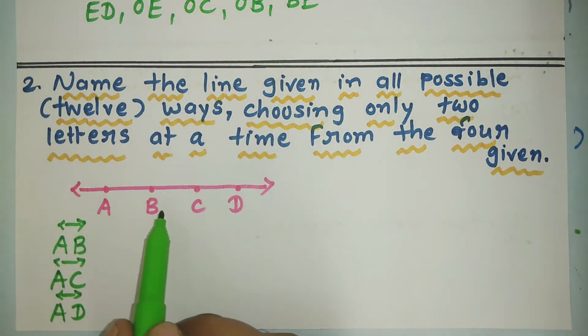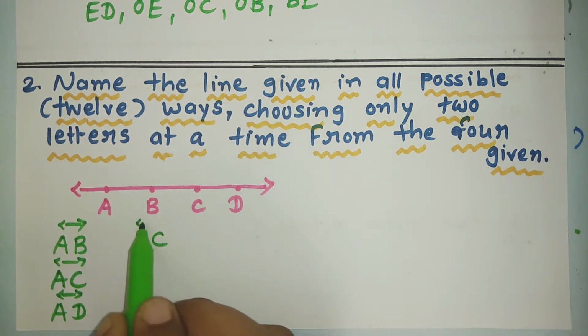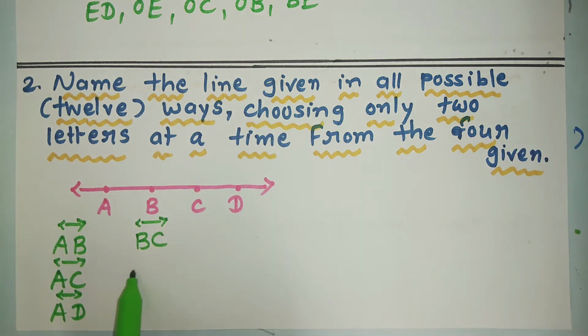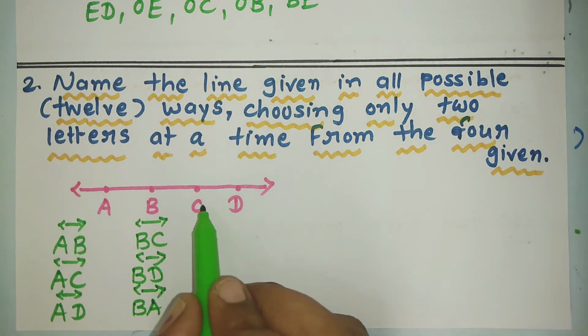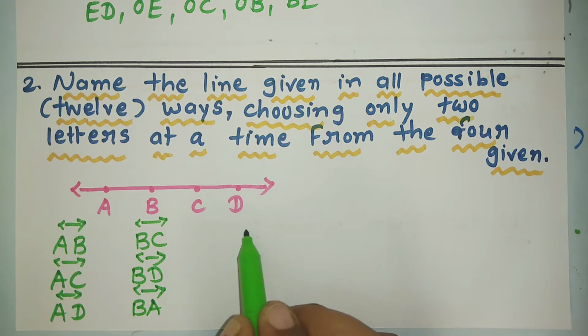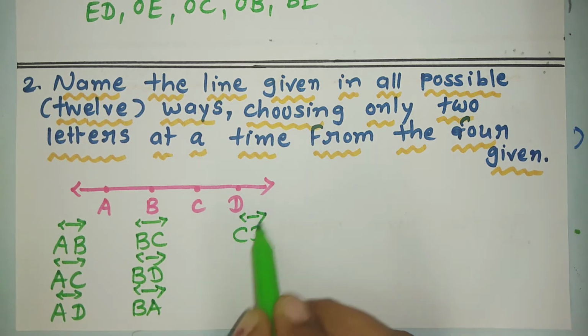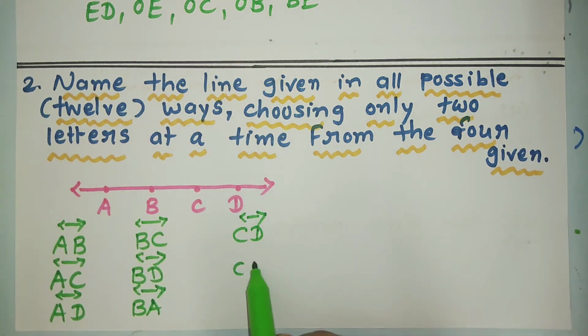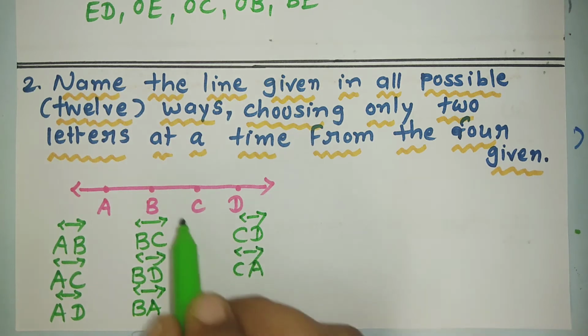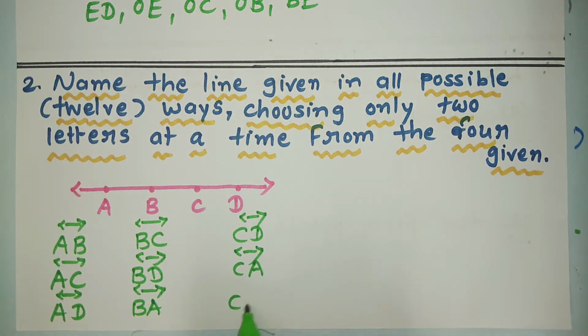Next, now I will take the B point. BC, BD, next BA. That makes 6. Now I will consider C. CD, CA, CB.